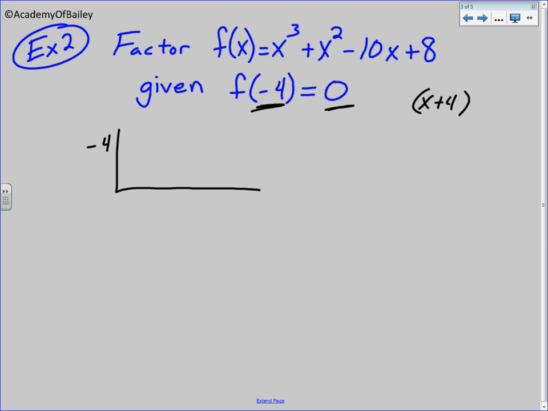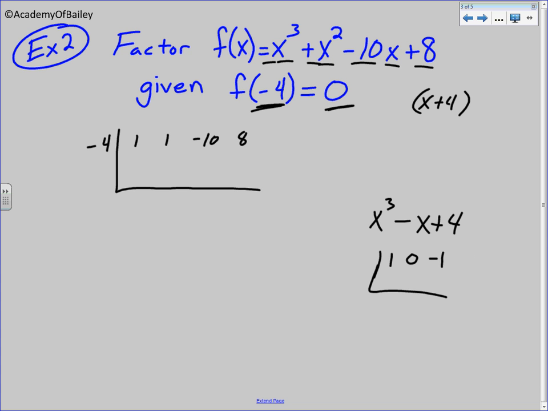So now let's look at coefficients: 1, 1, negative 10, and 8. You notice the exponents are 3, 2, 1, and 0. You have to make sure you pay attention to that, because if one of them is missing, like if we had x cubed minus x plus 4, when you did your synthetic division, you would have to go 1, 0 for x squared, negative 1, and positive 4.